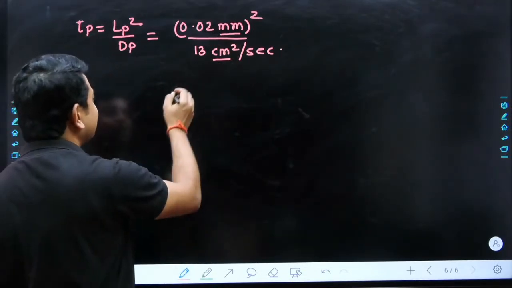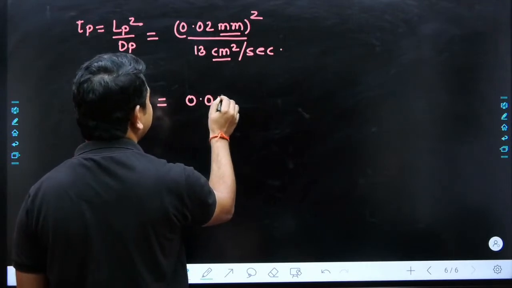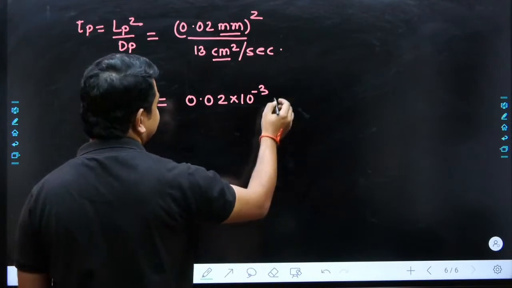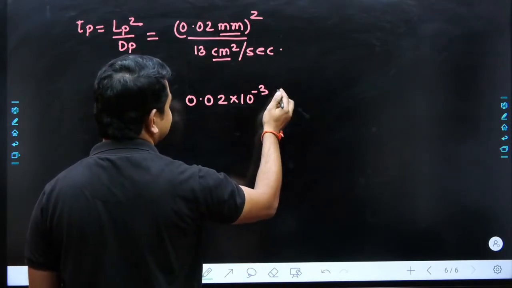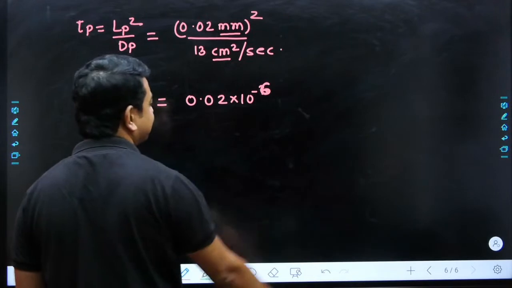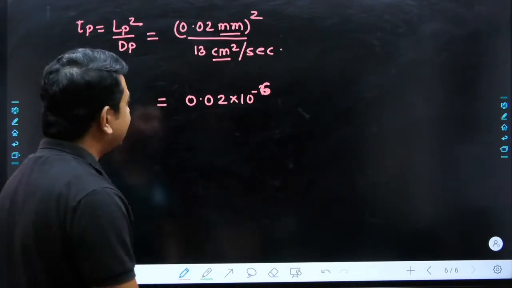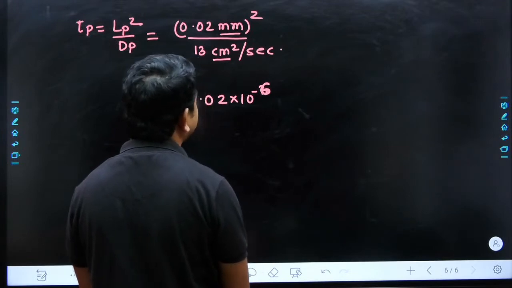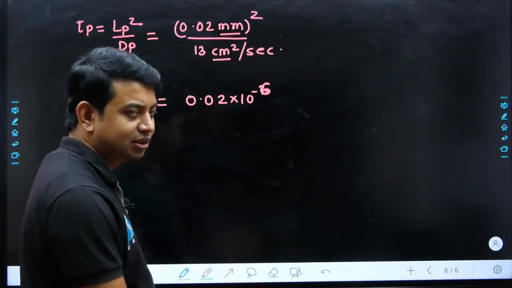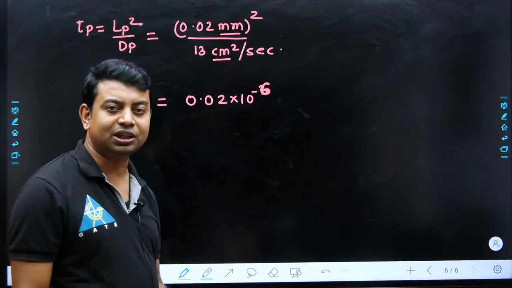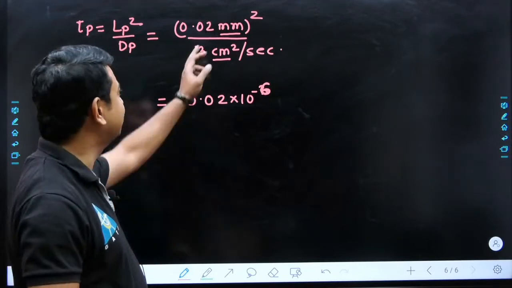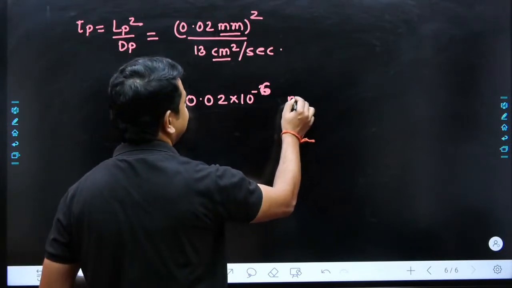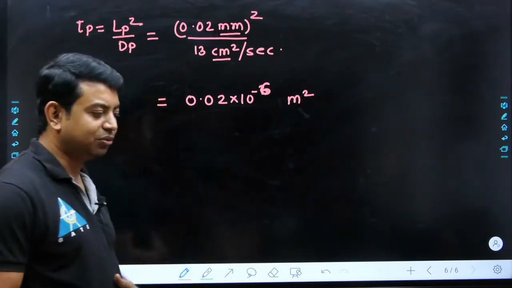You just convert the numerator, that is 0.02 into 10 to the power of minus 3, and this is again 10 to the power of minus 3, that will be given by 10 to the power of minus 6. Okay, now the unit will be in meter square.